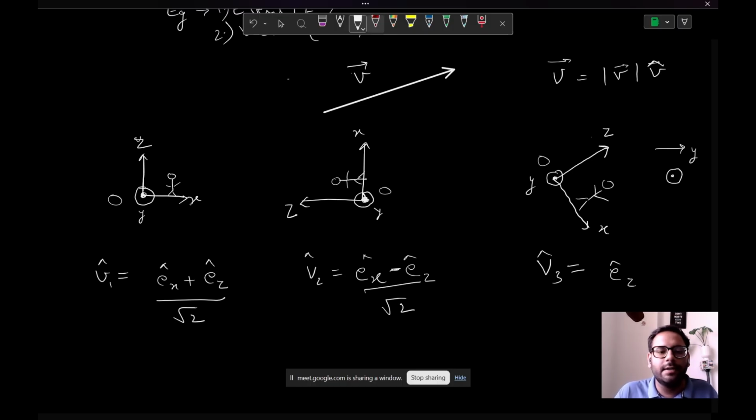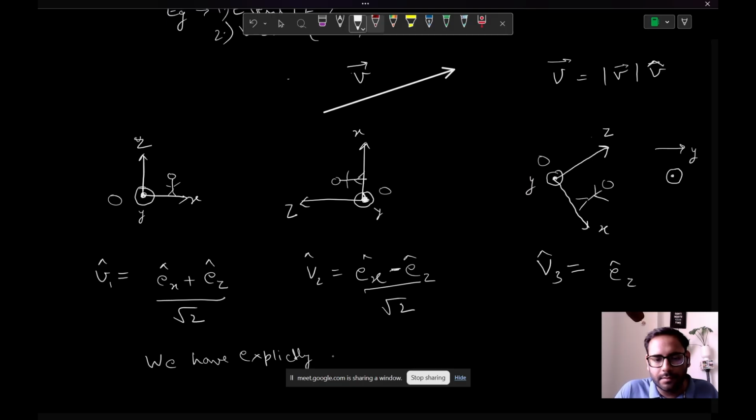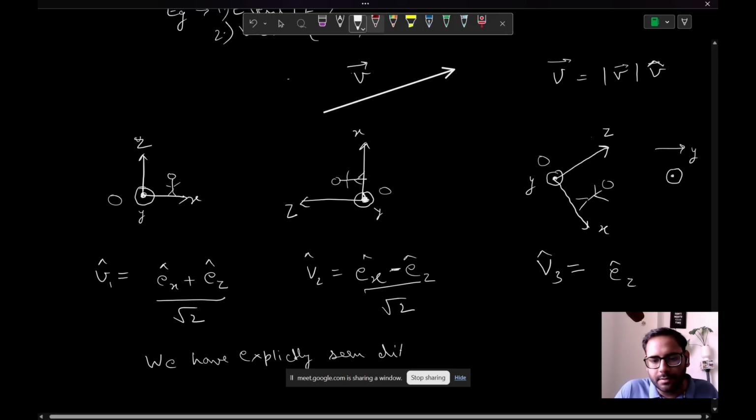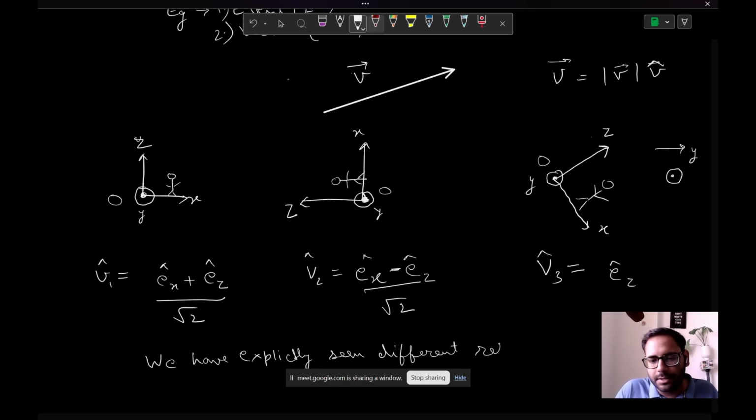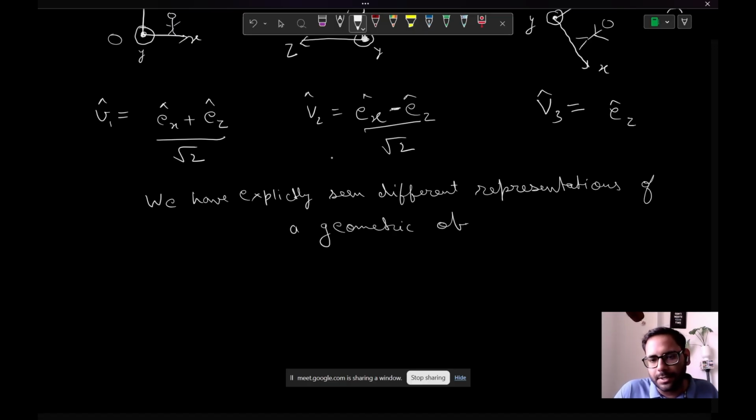So we have explicitly seen different representations of a geometric object, that is, a particular vector.